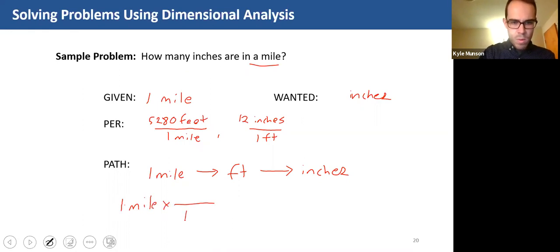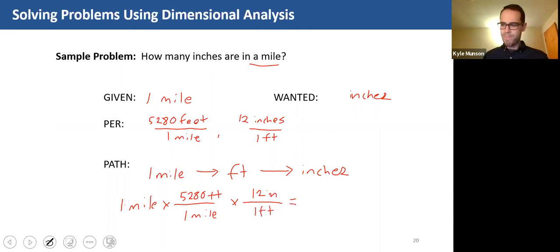Again, this is our last example, 1 mile times 1 mile on the bottom, 5,280 feet, times 12 inches, 1 foot, equals.